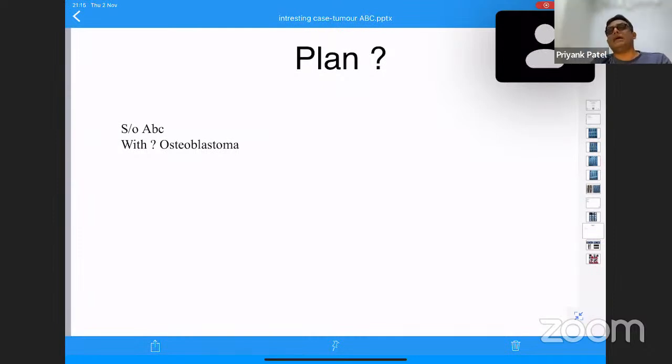You've done a biopsy, and you've got a lesion which is either aneurysmal bone cyst or osteoblastoma. What would you do over here then?